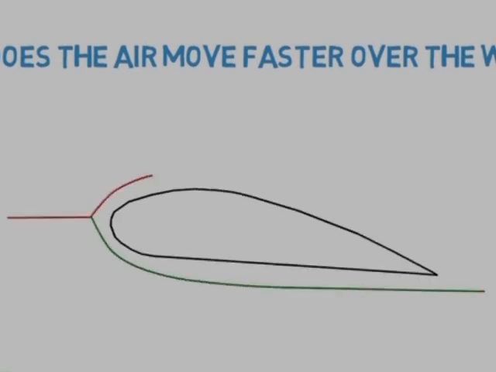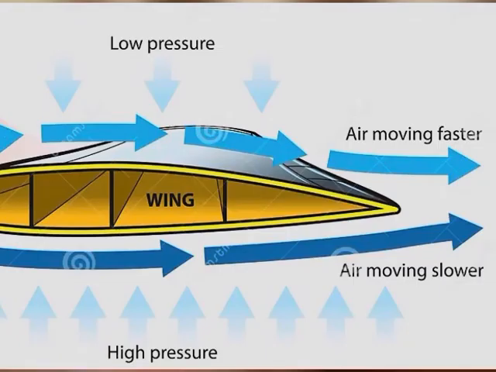Generally, around a wing we have two pressure areas. We have a high pressure area on the lower surface of the wing, and then we have a low pressure area on the upper surface of the wing.